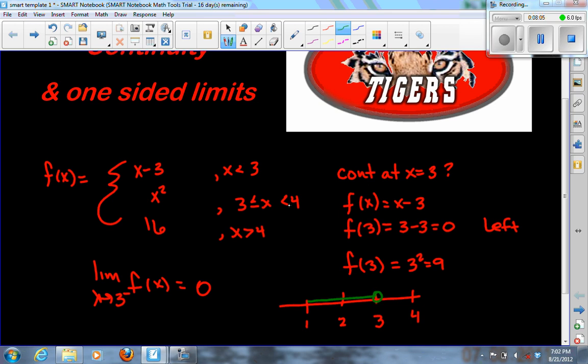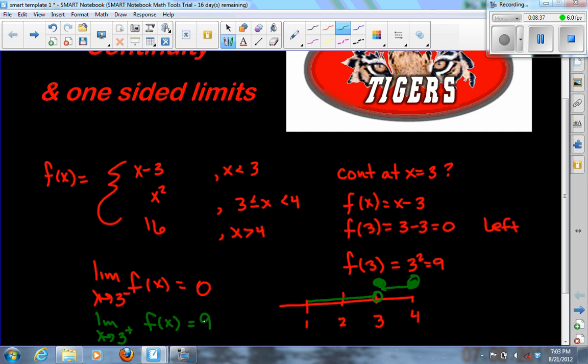And then from the right, this is to the right side of 3, so that interval looks like this. Actually, that's an open circle, because this is not or equal to, and a closed circle here. So on this interval, I'm using x squared, so that would be the limit as x approaches 3 from the right, and that is 9.